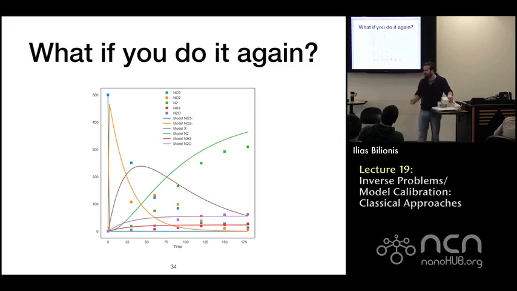Do it 10 times, you'll find 10 times something different. Okay, so that means that the solution of the optimization problem, the solution that you get, depends on where you start. Okay, and so the loss function, the two possibilities, either the loss function has multiple local minima and you find one of them, or you just have, yes? Is the solution to the inverse problem unique? No, not necessarily.